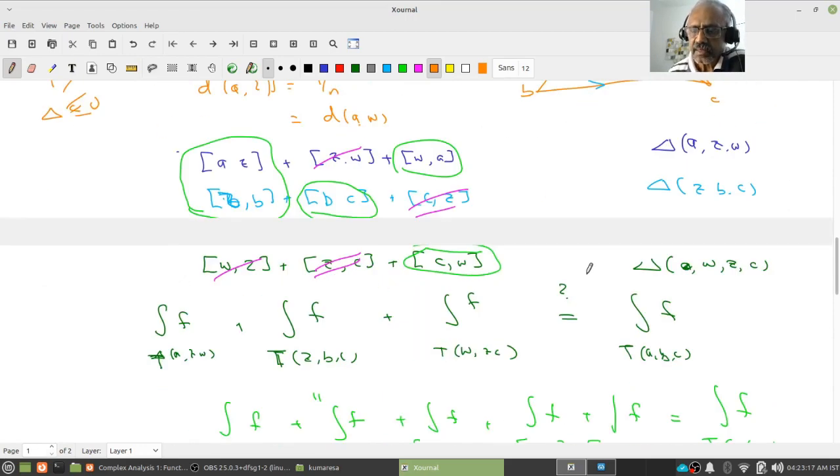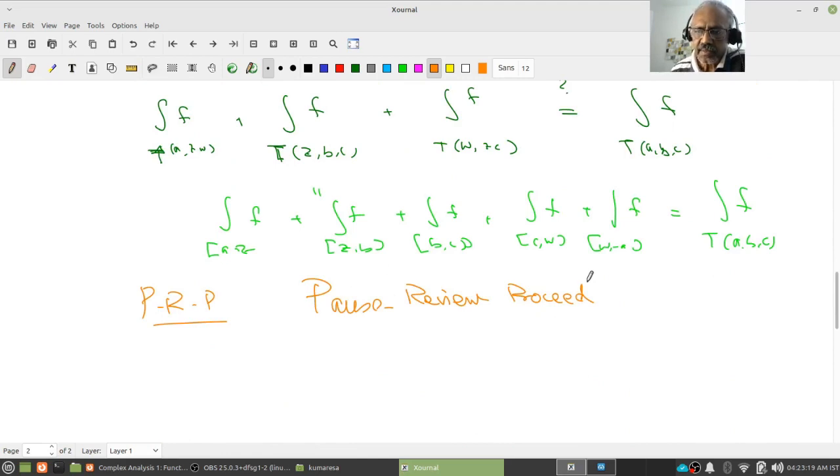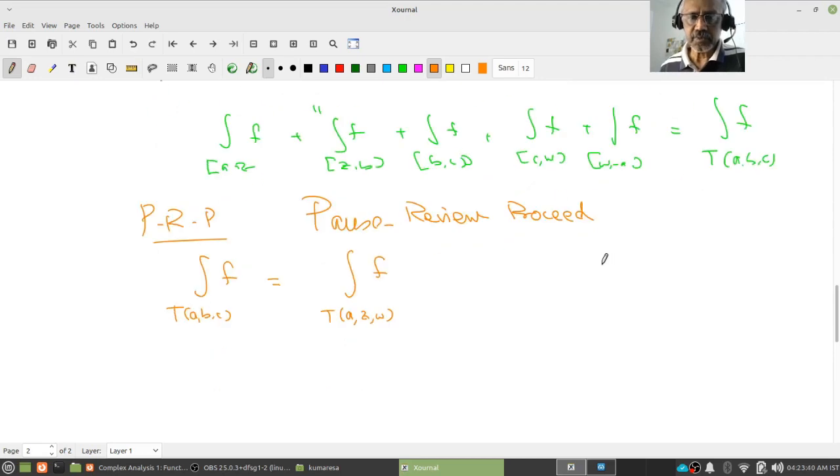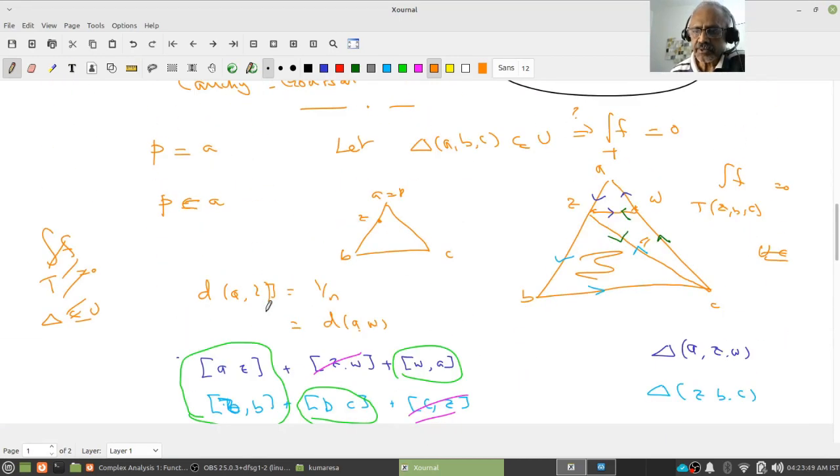Are you following? Right, therefore what I get is that the integral of f over triangle ABC is the integral of f over triangle AZW. Just make sure you understand.